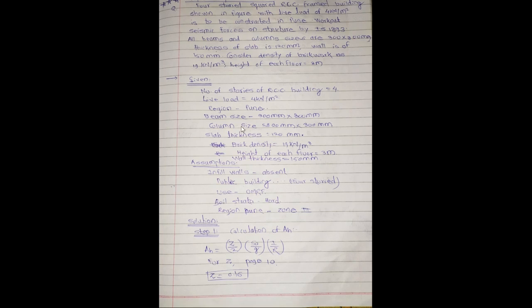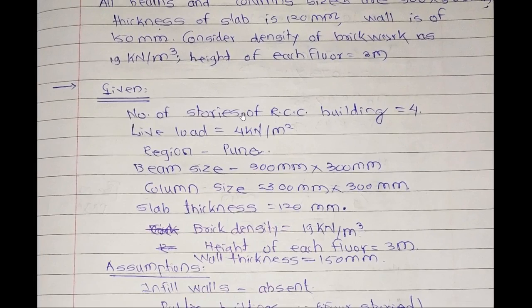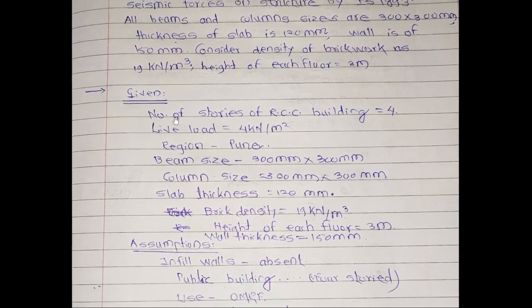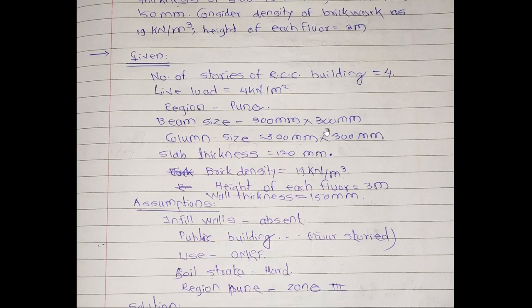Let's see how to solve this problem. In this, we have to write the given data. Number of stories is 4, that means a G plus 3 building. Live load intensity is given as 4 kN per meter square. Region is given as Pune. Beam size is given as 300 by 300 mm.